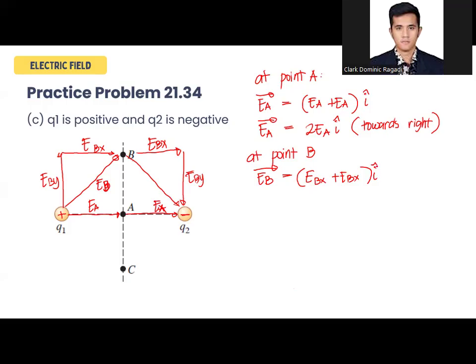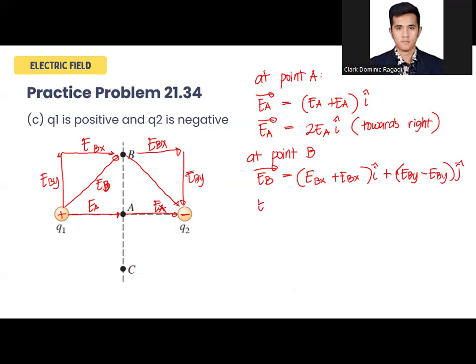For the Y components, for Q1 the Y component is going up, so positive EBY, and on the side of Q2, EBY is going down, so minus EBY J hat.